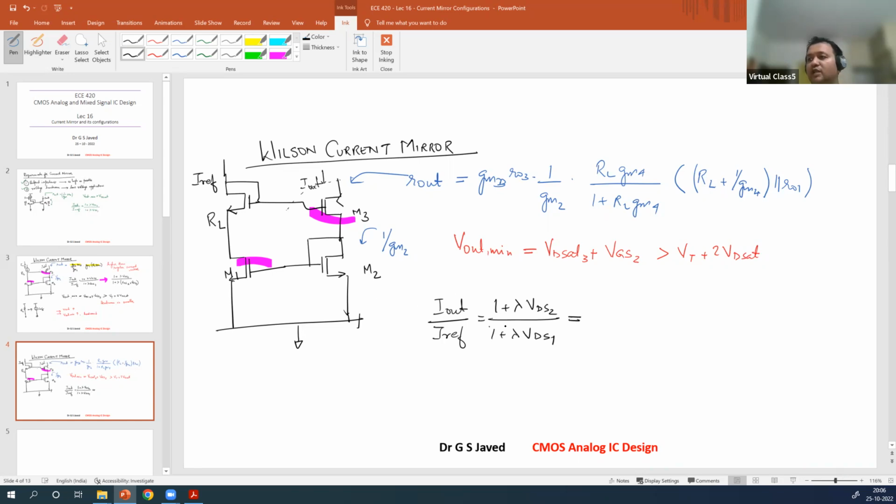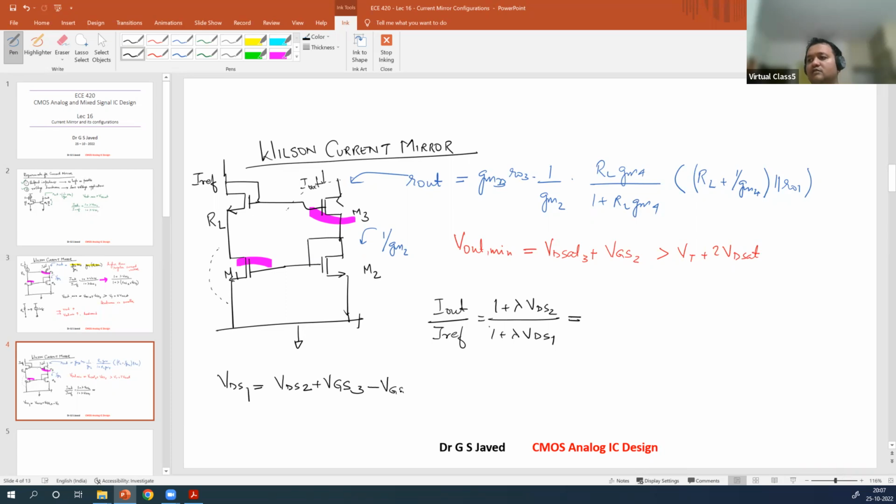Now what is VDS1 here? This is VDS1. Now VDS1 is equal to VDS2 plus this VGS3, then minus VGS4, it's the total device here.